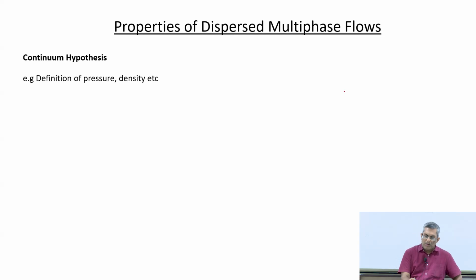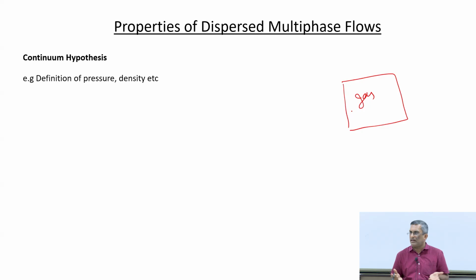Now let's consider you have some gas here in a container. So you have molecules here. And now what is pressure? What is pressure exerted by the gas? How do we define it? The force exerted by the gas per unit area is pressure.